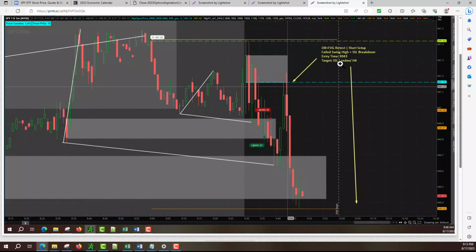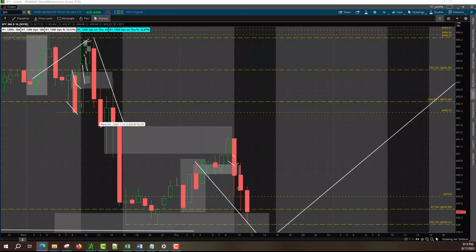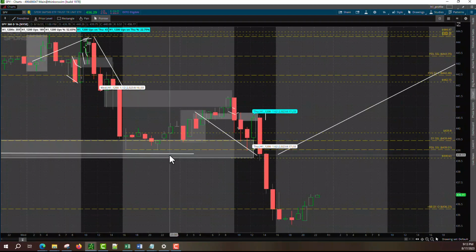The reason why we erred on the short side is because it hit into the high time frame, in this case the 1 hour time frame, bearish breaker right there. Let me visit that right here. I'll show you. We also went through that earlier right here, right?